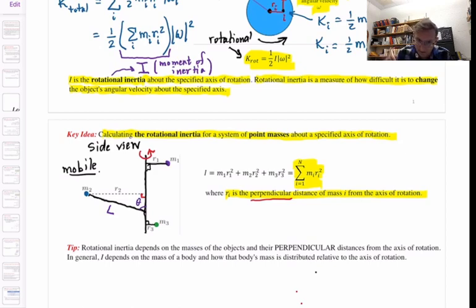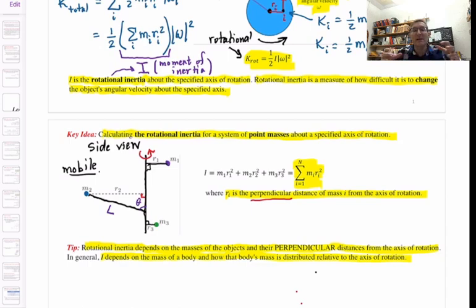So, to emphasize what I've said already, rotational inertia depends on the masses of the objects and their perpendicular distances from the axis of rotation. That is to say, in general, I depends on the mass of a body and how that body's mass is distributed relative to the axis of rotation. And I can say even more.